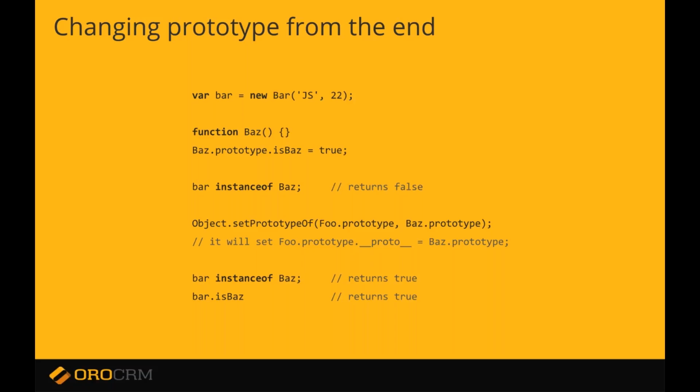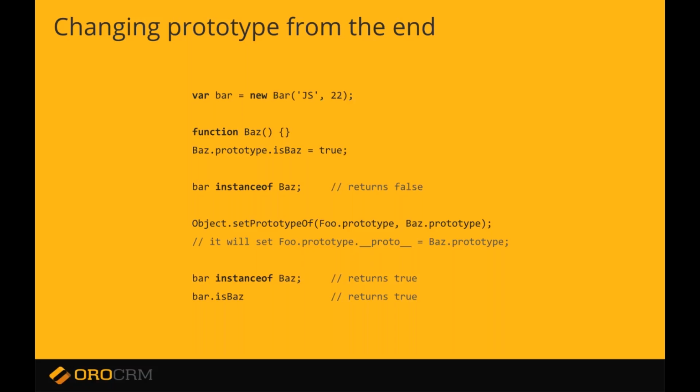For example, we create instance bar, create some constructor bus, and add a single property into its prototype, is bus. And if we check bar instanceof bus, we will get false, because bar is not an instance of bus. There is no bus prototype in the bar prototype chain. But we can change it.